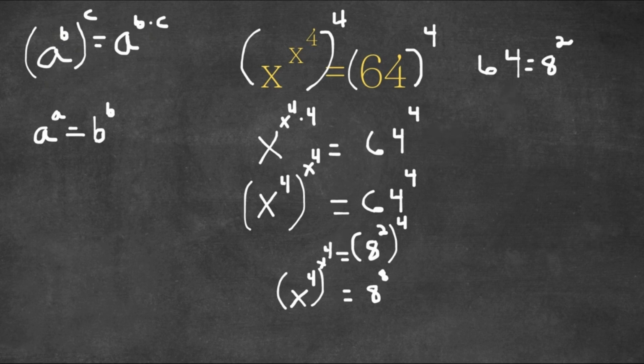Now we can say that if a to the power of a equals b to the power of b, a equals b, right? So if x to the power of 4 to the x to the power of 4 equals 8 to the power of 8, then we know that x to the power of 4 equals 8. Now we want to cancel this fourth power here, so we're going to take the fourth root on both sides.